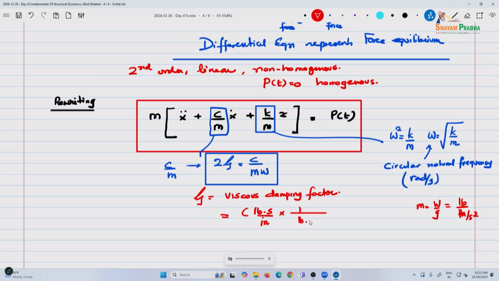So, pound second square per inch, these two cancel out, and omega is radians per second. So, you see all of them cancelled out, no units. That is why it is just a viscous damping factor.